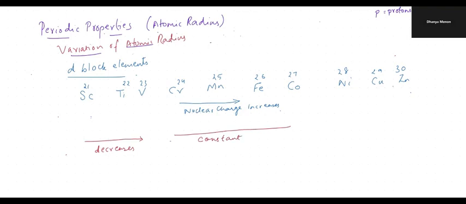And for the last 3 of them, it increases. So isn't it showing a different behavior compared to the other elements in the periodic table? Okay, so this is for D block elements.